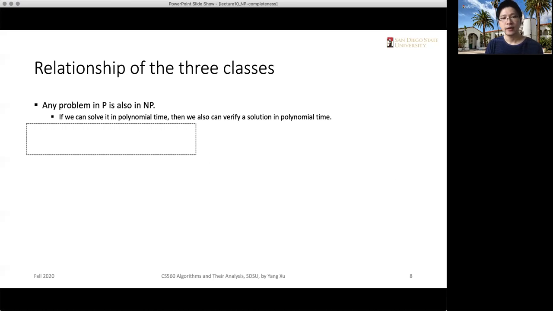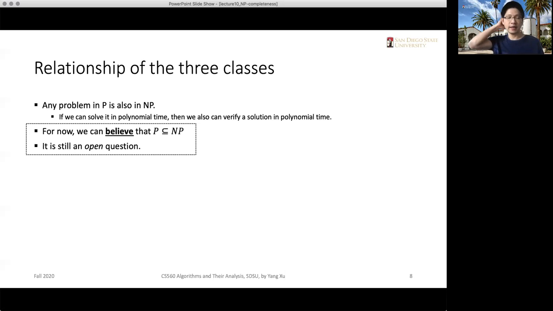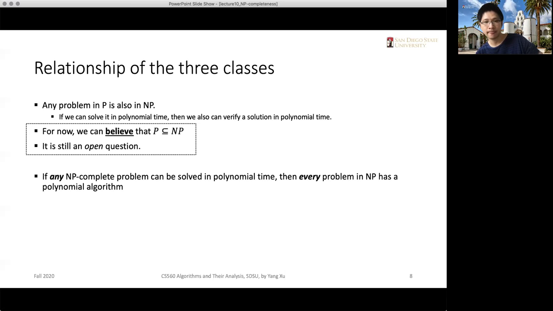So first of all, any problem in P is also in NP. That is for sure, okay? Because if we can solve it in polynomial time, then given a solution, we can verify it in polynomial time. But for now, we can only believe that P is a subset of NP, and whether this is true is still an open question, okay?